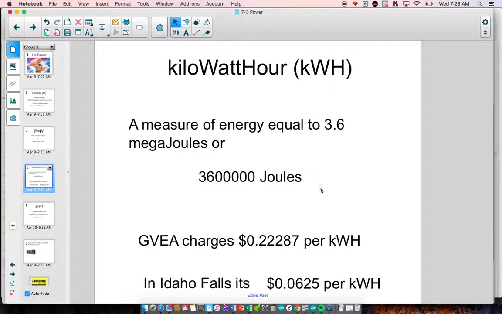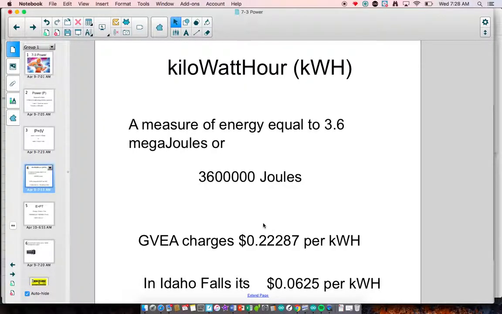Power companies charge based on a kilowatt hour. Basically, if you're using something, you multiply the wattage by the number of hours that you're using it, and then multiply by the cost to get how much that's going to cost you for that amount of time.